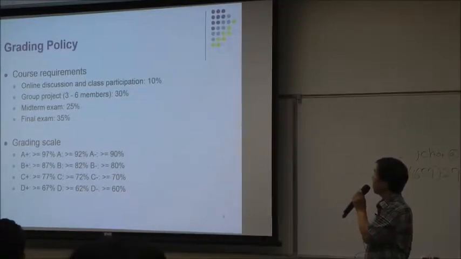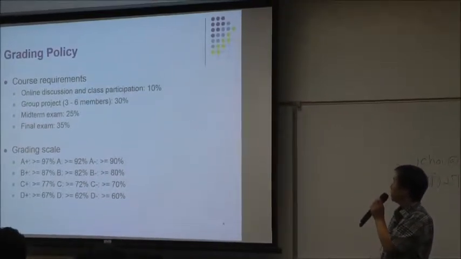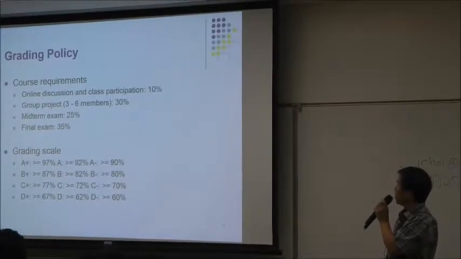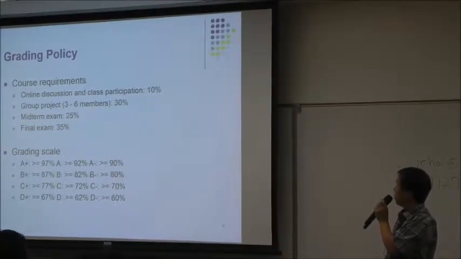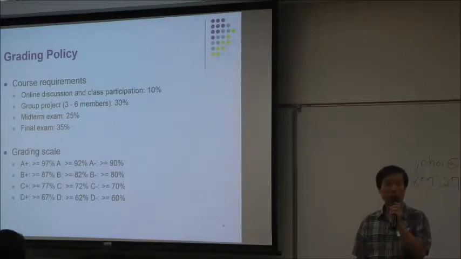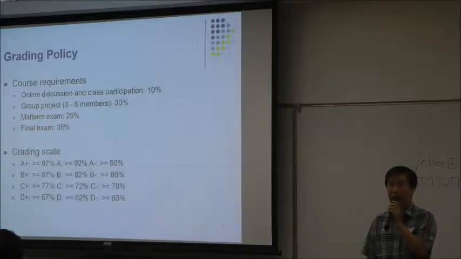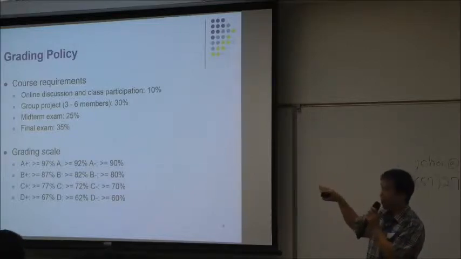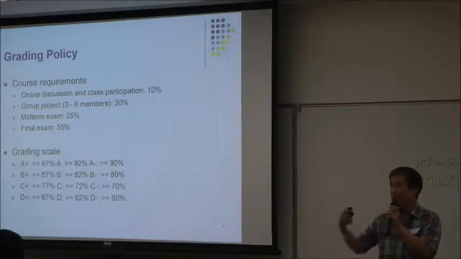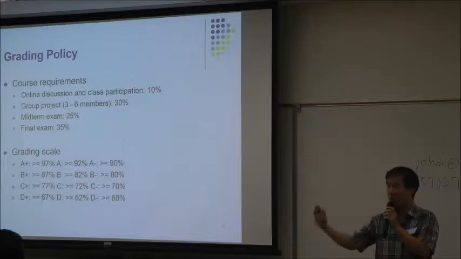Then we're going to have one group project. The number of members I'm expecting for each group is 3 to 6. I used to set my maximum at 5, but since I learned from other instructors, I had to allow more members.